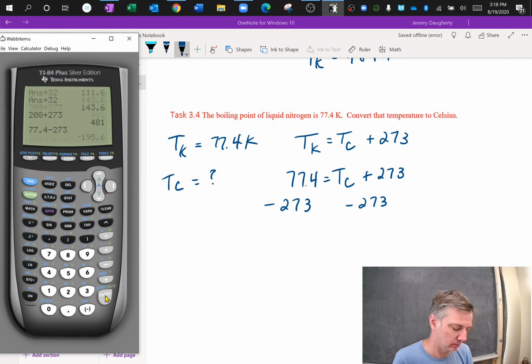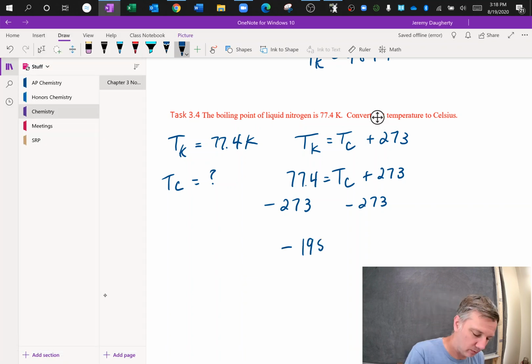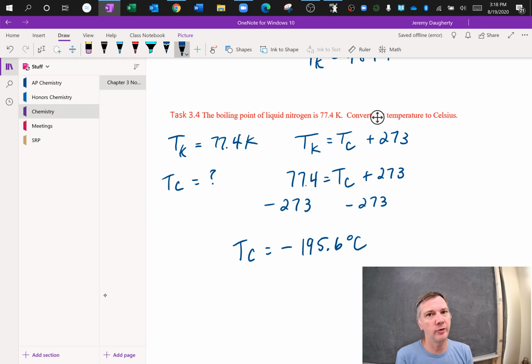So my Celsius ends up being negative 195.6. And that's degrees Celsius. Again, Kelvin, lowest it can go is 0. Celsius can go into the negative. Fahrenheit can also go into the negative.